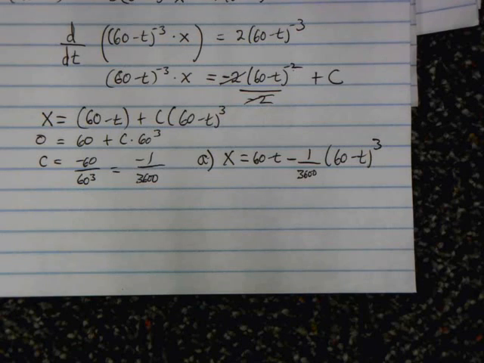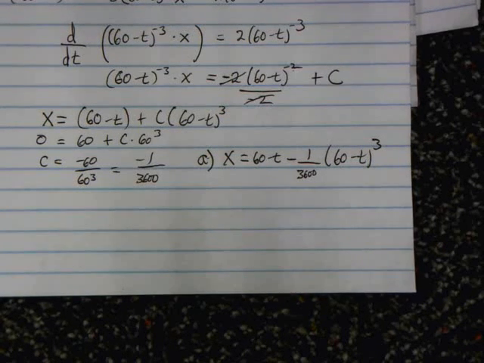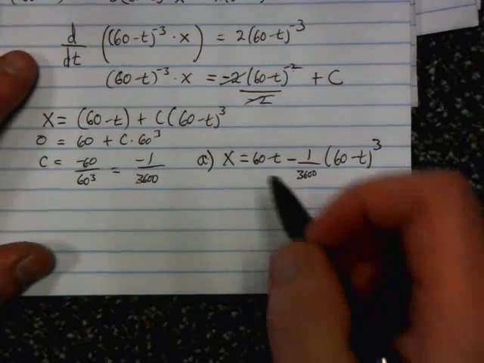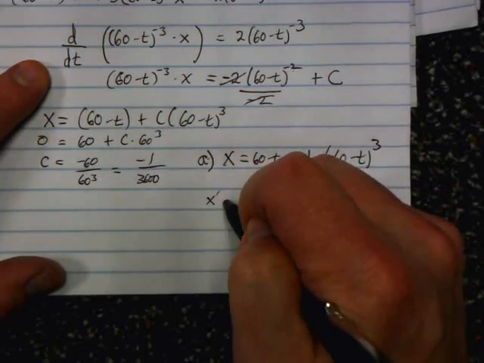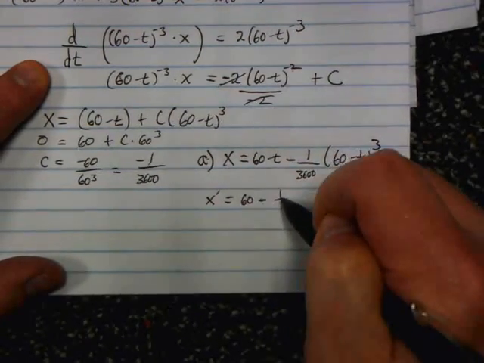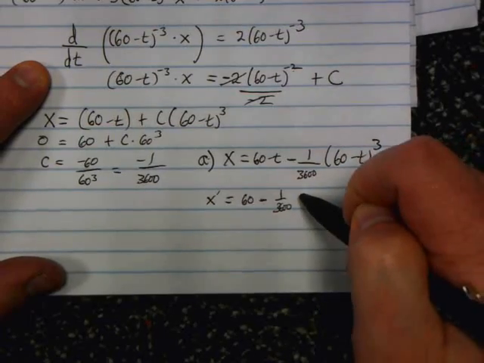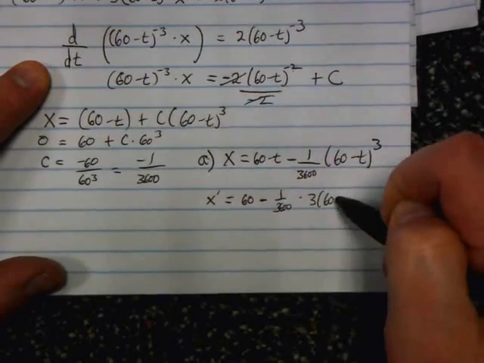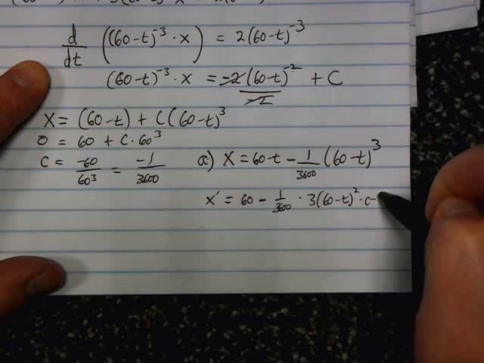How would I find the maximum amount of salt ever in the tank? I take the derivative, set it equal to 0, all that Calc 1 stuff that we did over and over and over again. All right, so x prime is 60 minus 1 over 3600 times 3 times 60 minus t squared times negative 1.